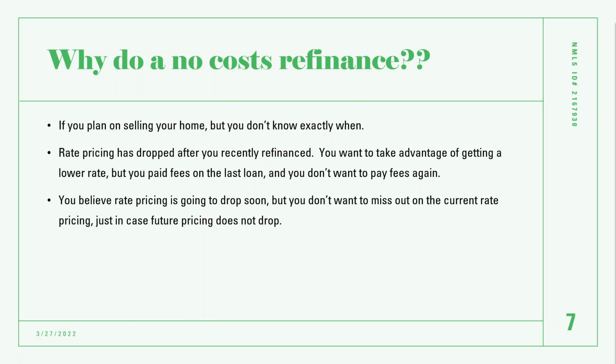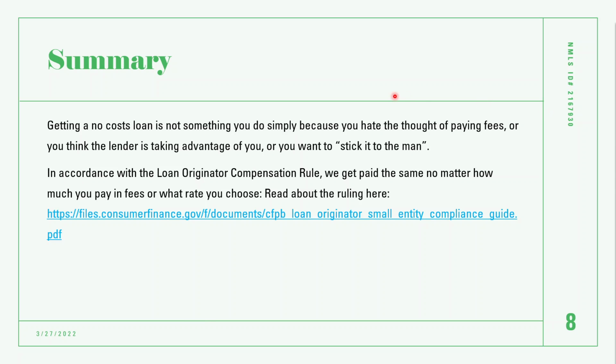In summary, getting a no-cost loan is not something you do because you hate the thought of paying fees, or you think the lender is taking advantage of you, or you just want to stick it to the man. In accordance with the loan originator compensation rule, which I mentioned in several other videos, we get paid the same no matter how much you pay in fees or what interest rate you choose.